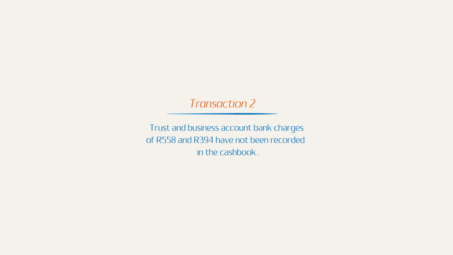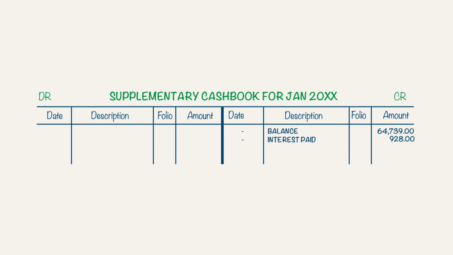Trust and business account bank charges of 558 Rand and 394 Rand have not been recorded in the cash book. Apply the rule: debit the receiver and credit the giver. Bank charges are an expense. So, you will credit the supplementary cash book as you are giving money to pay the expense.